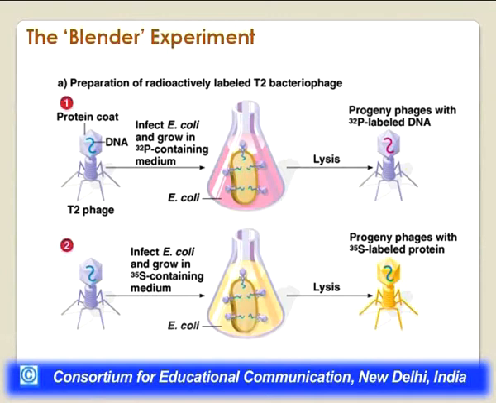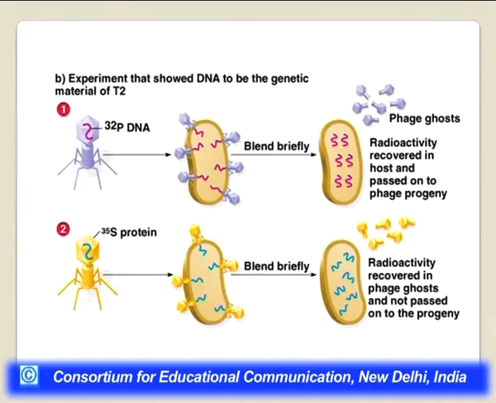When the bacteriophage is grown inside the S35 containing medium, then the radioactivity is incorporated in the protein coat. So they can obtain differentially radioactively labeled phage particles, one in which the phosphorus was labeled and one in which the sulfur was labeled. So basically one in which the DNA was tagged and another in which the protein was tagged.